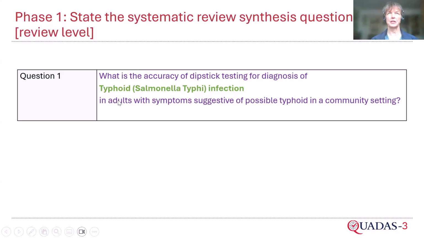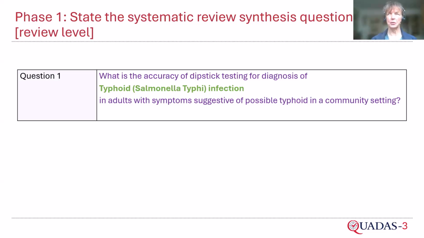So here we're saying we want the accuracy of this dipstick testing for this infectious disease agent in adults with symptoms suggestive of possible typhoid in a community setting. Okay, and that's a question nicely laying out all the context of the actual test accuracy.